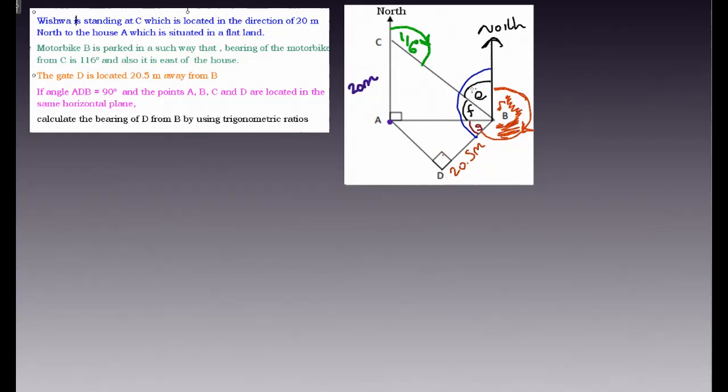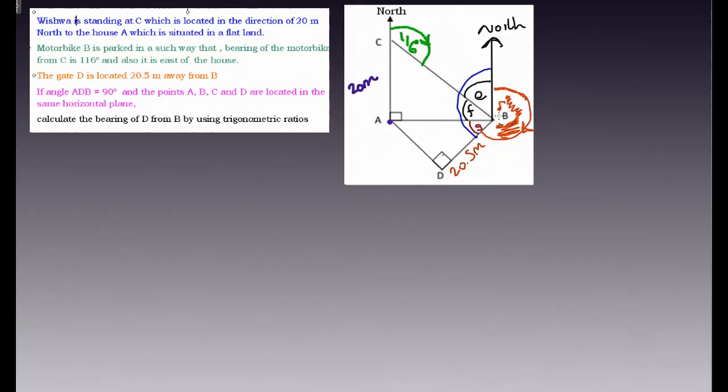So we can easily find what E plus F is. What should be the addition of E and F? Now, it has been told to us that the motorbike B is due east of A. So what does that mean?